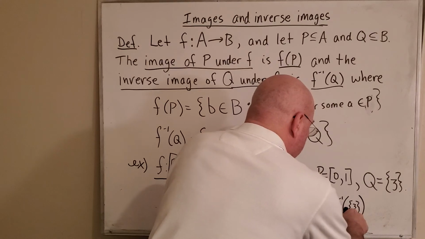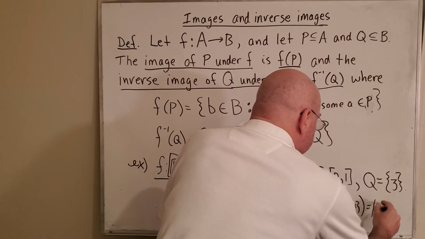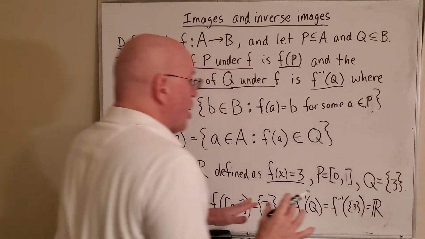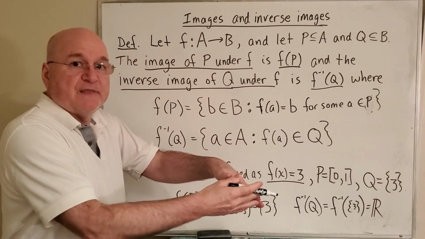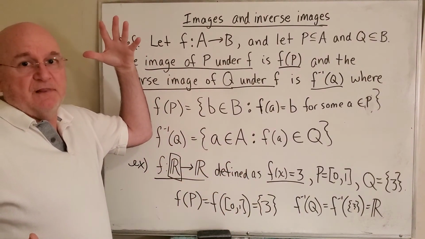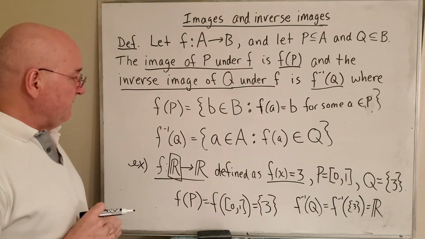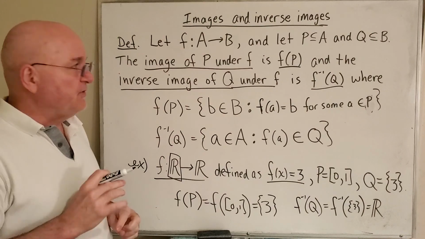So that's a set with 3 in it. And that's equal to the entire real line, all of the numbers. Every number in the real line maps to 3. Therefore, the inverse image of the number 3 is all of the real line, or all of the real numbers. Simple example, but it still takes a little bit to digest that. And we'll do some more examples.